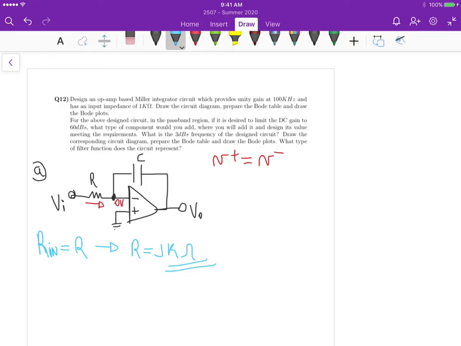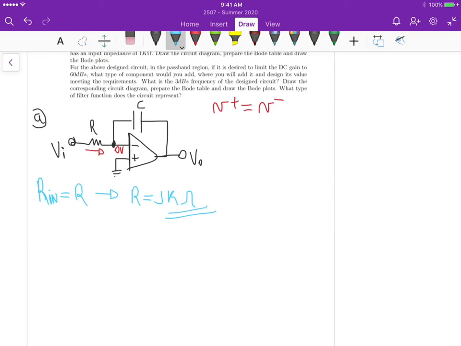Now, we want to provide a unit gain at 100 kilohertz. The voltage transfer function for this circuit, the magnitude of H, is equal to 1 over omega CR. We want unit gain, so 1 equals 1 divided by the frequency we want, 100 kilohertz.